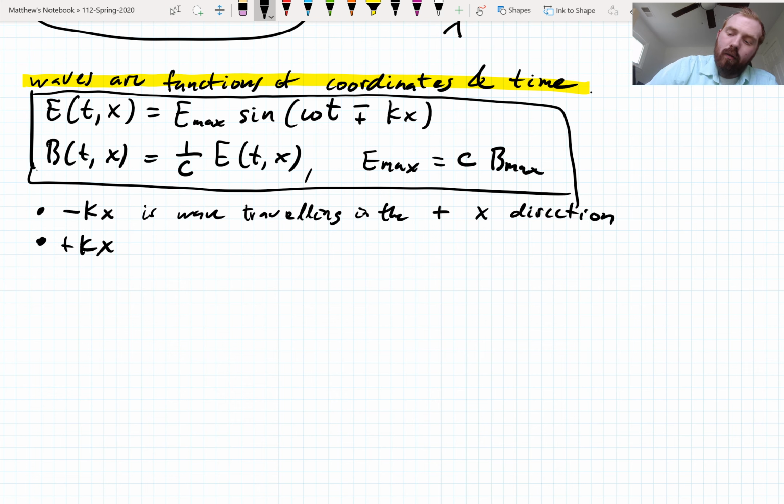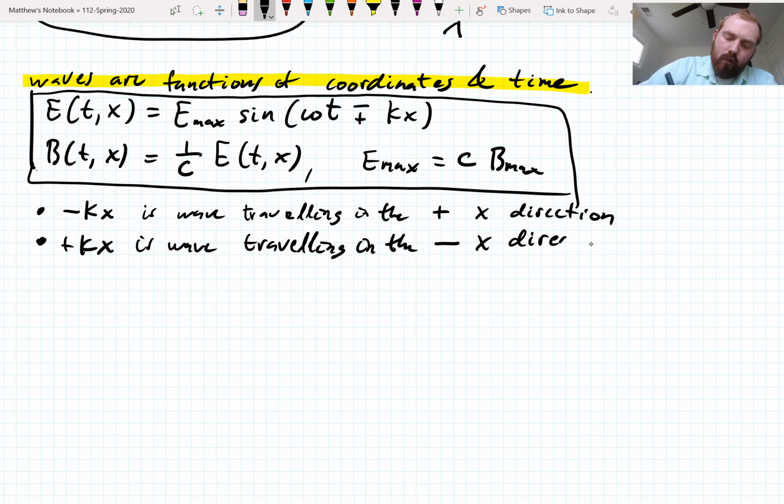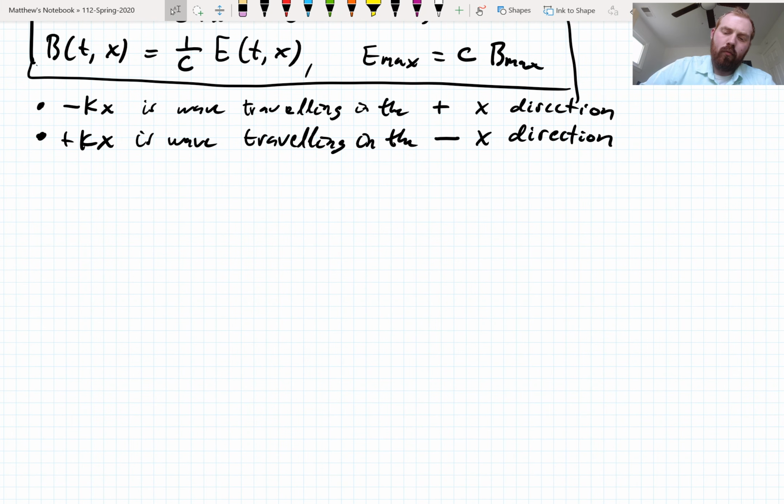If I have plus kx in my expression, well, that is a wave traveling in the other direction. Traveling in the negative x direction. You want to convince yourselves of these? Do the simplest plot you know. y equals x.